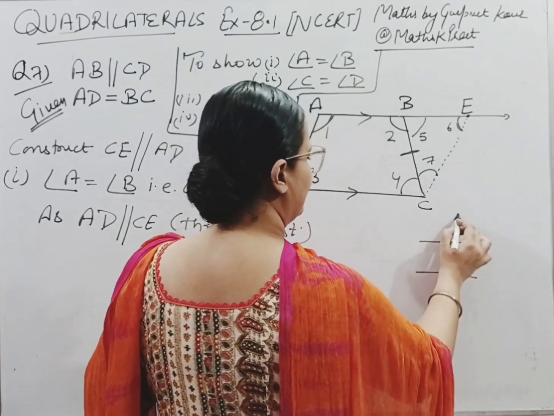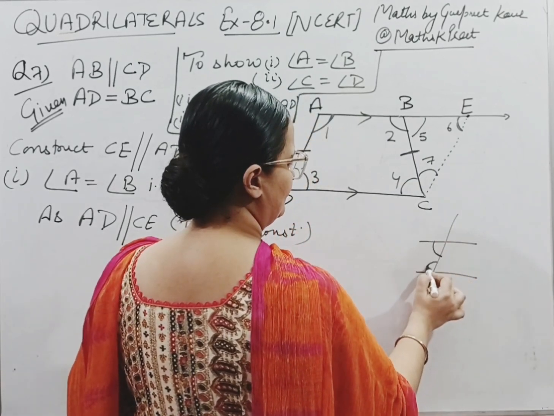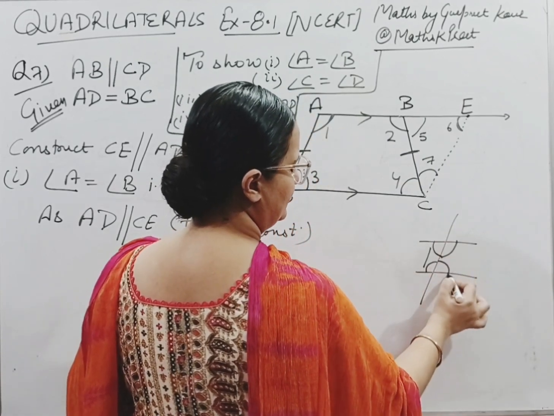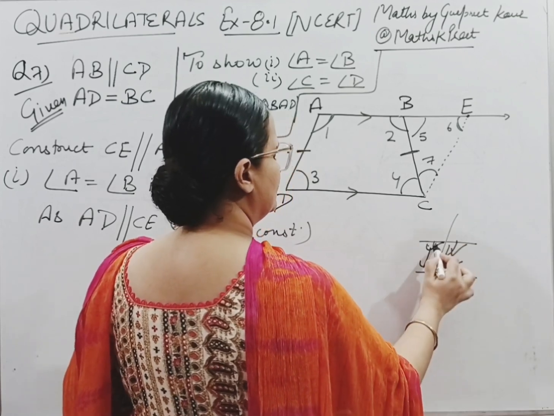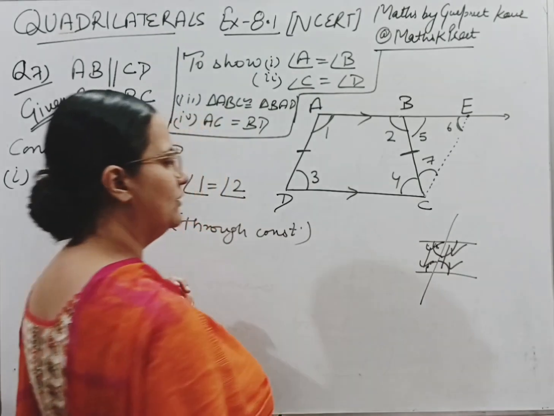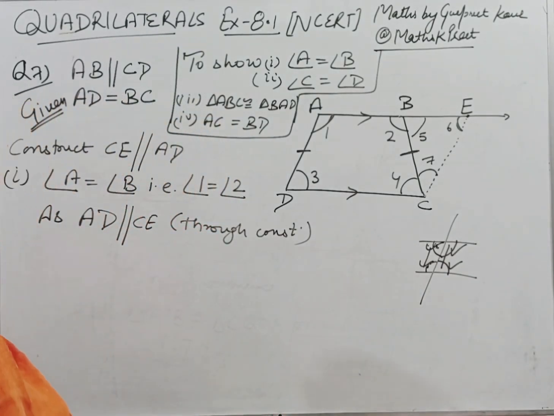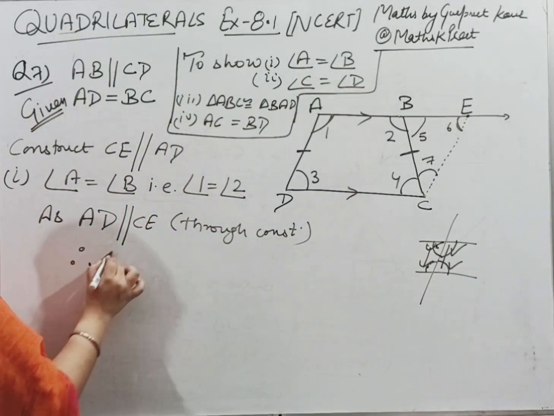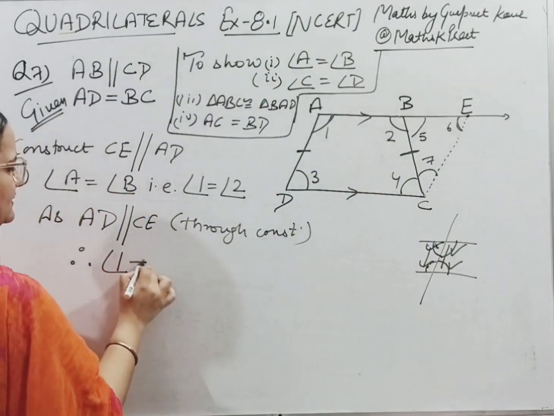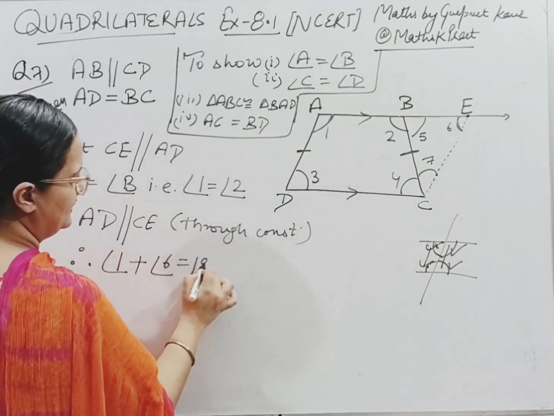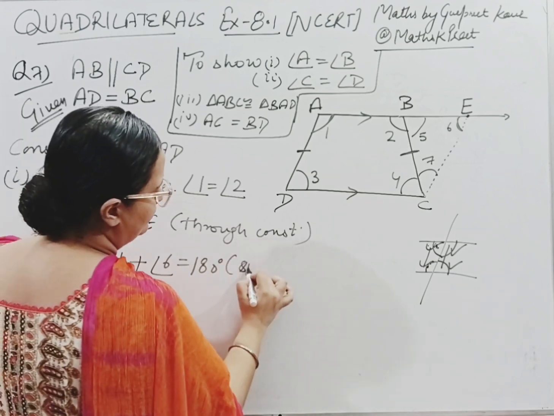How? If these are two parallel lines and this is a transversal, then the sum of these two angles and these two angles, these are co-interior angles. Fine, this is a pair, this is the second pair, so the sum of a pair of co-interior angles is always 180 degrees. So I can write, therefore, as this is parallel to this, angle 1 plus angle 6 is equal to 180 degrees. How? Sum of co-interior angles.